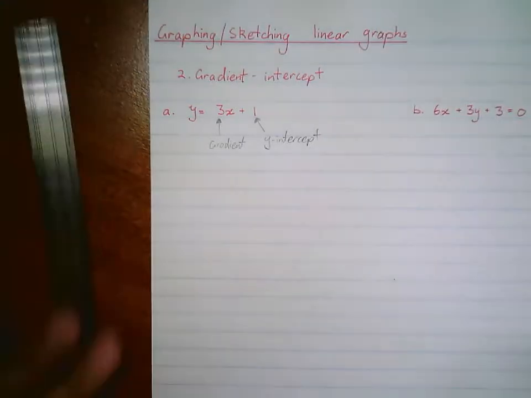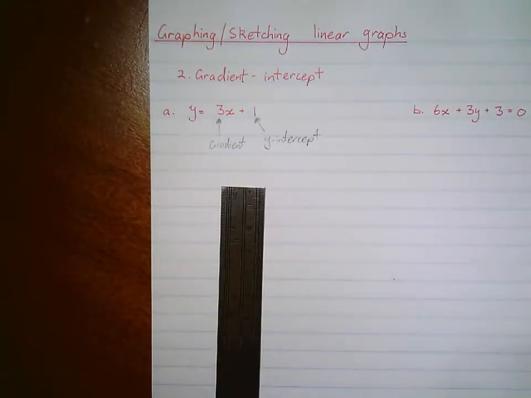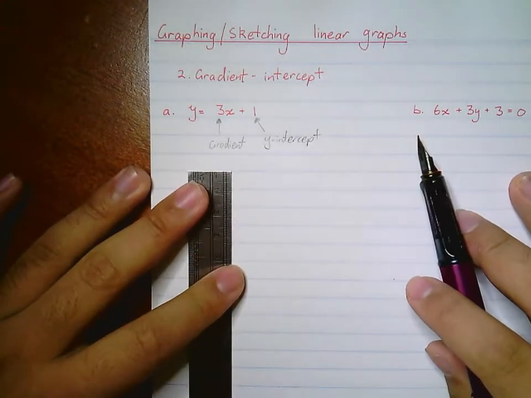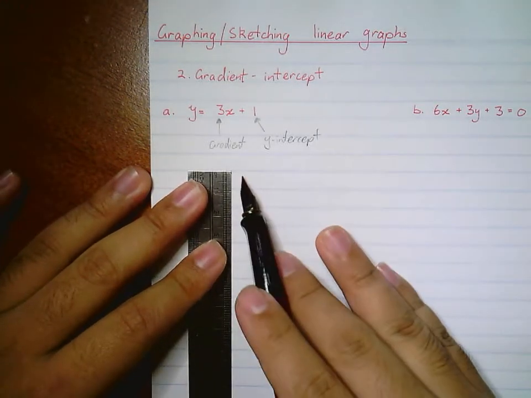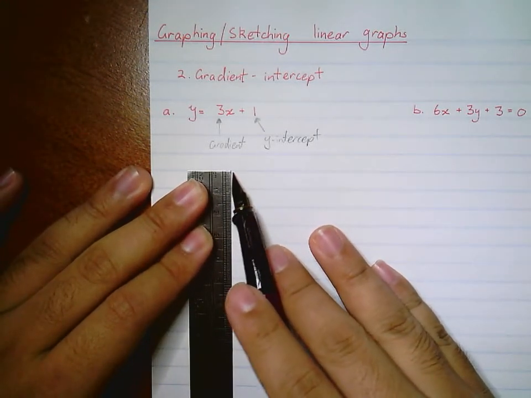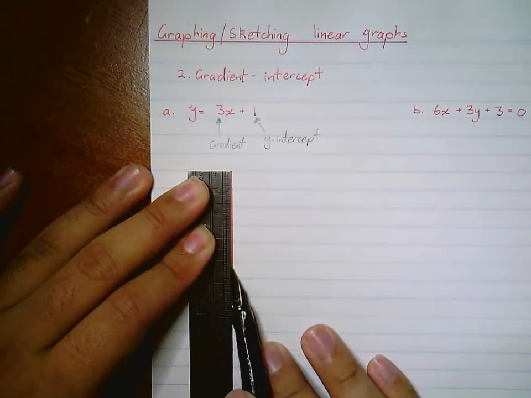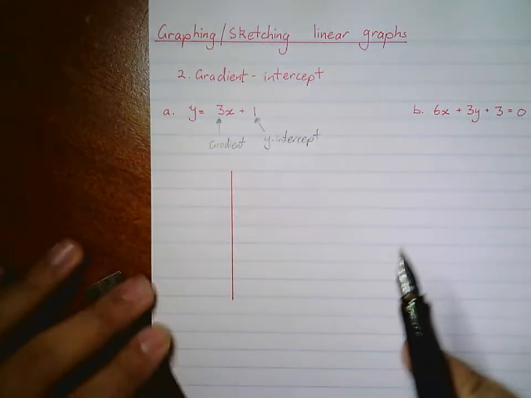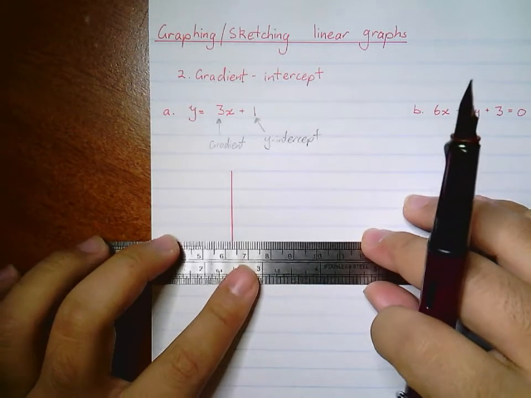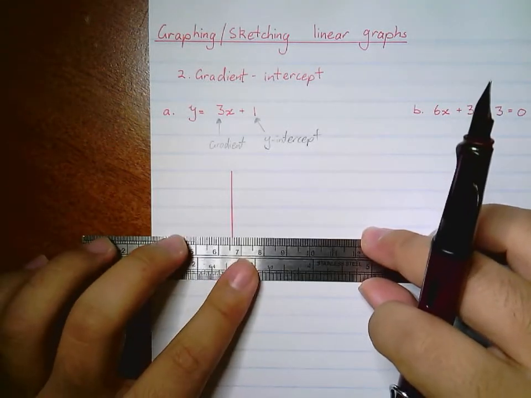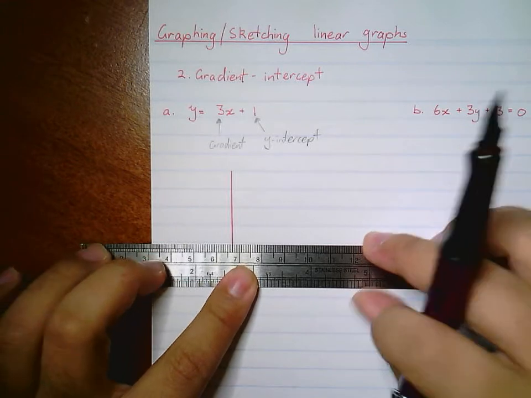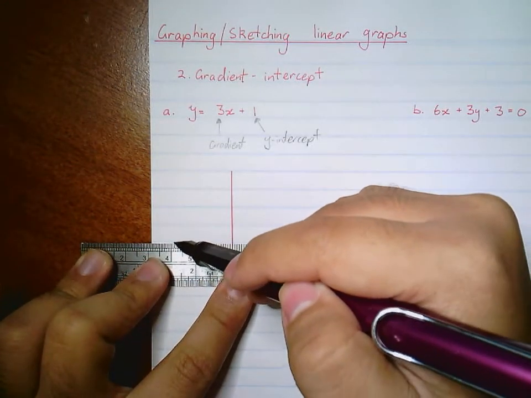Okay, so what we do is we just quickly sketch. This time we can just sketch this. You can graph it with proper measurements and everything, but I'm just going to sketch it for this one. So here is our Cartesian plane or number plane.